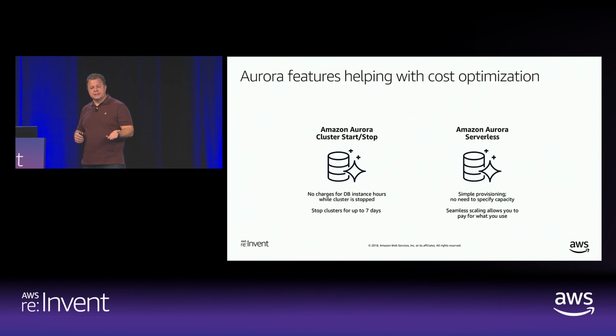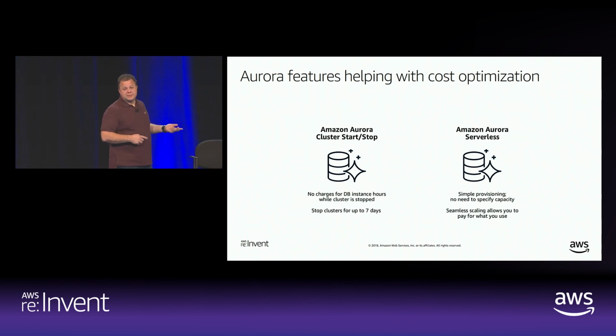Now, if you stop an instance and leave it stopped for 7 days, it will automatically restart, but you could stop it manually using an API. So you're not paying for compute, and you're not paying for IOPS, obviously, because you're not running queries. You're only paying for the storage, which is the least expensive component of the entire equation.